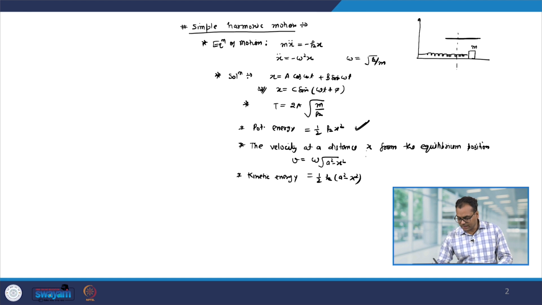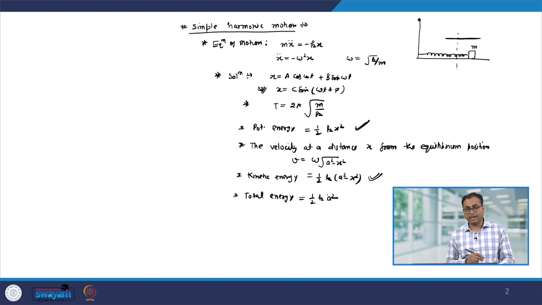Since the potential energy is this and the kinetic energy is that, the total energy was half k a square, and this was independent of x.